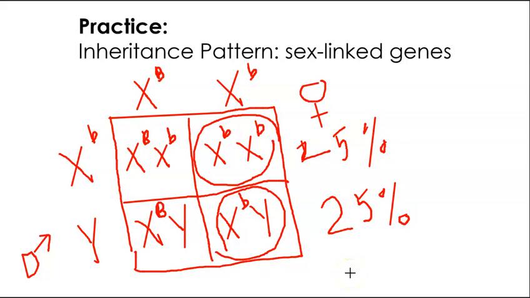Okay, so this is how we use our Punnett squares to determine percentages of genotypes and phenotypes. As long as you know the genotypes of the parents, you can write out the Punnett squares to determine patterns of inheritance.